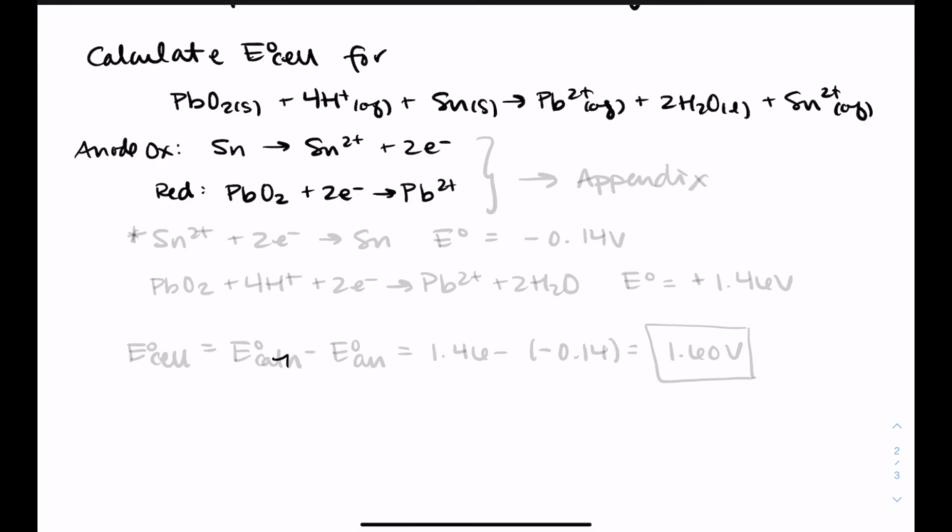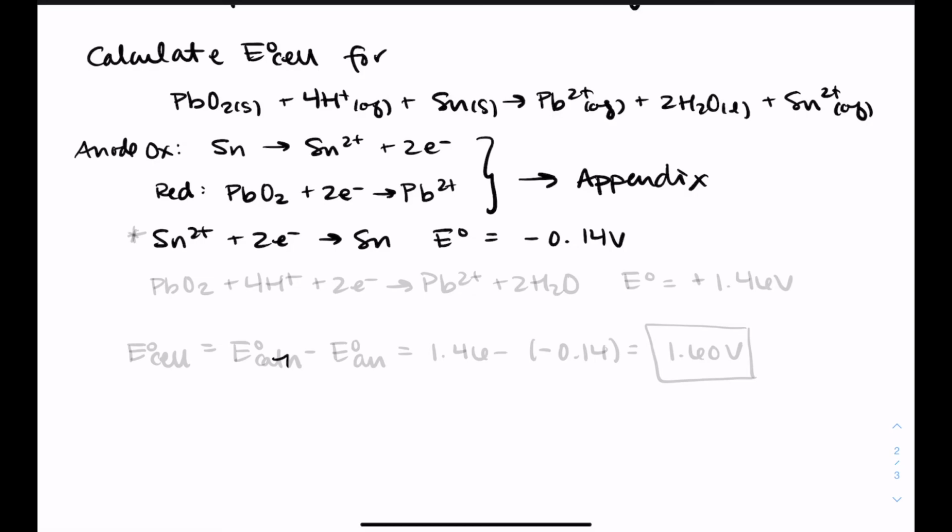So my oxidation half reaction is tin turning into tin 2 plus and 2 electrons. The reduction half reaction is lead 4 oxide plus 2 electrons turning into lead 2 plus. And then we have to go to the appendix and look up what values exist.